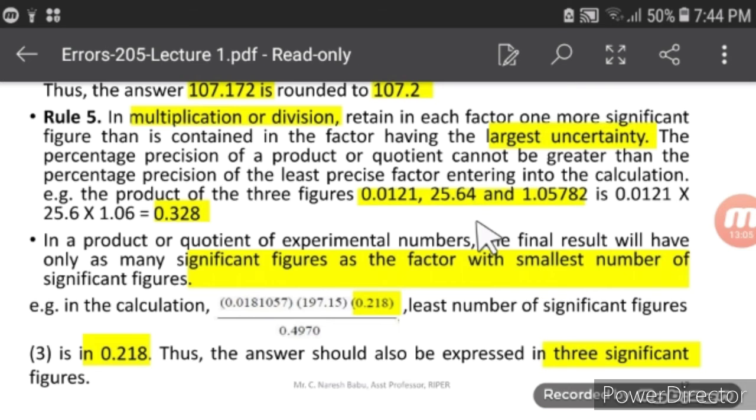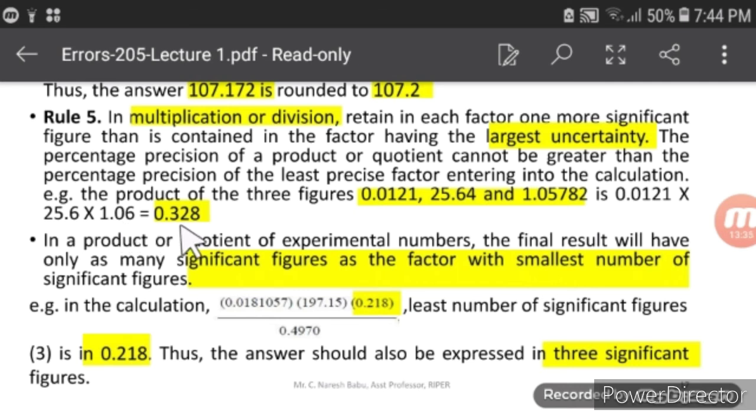Here you can see 1 2 3 4 5, 1 2 3 4, 1 2 3, but our value should match with the largest uncertainty value. One point is that 1.05782 is changed to 1.06, so it contains three significant figures.